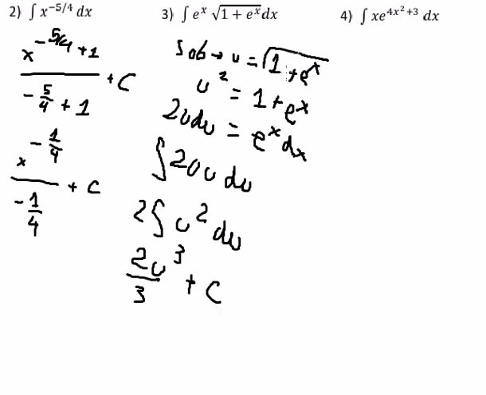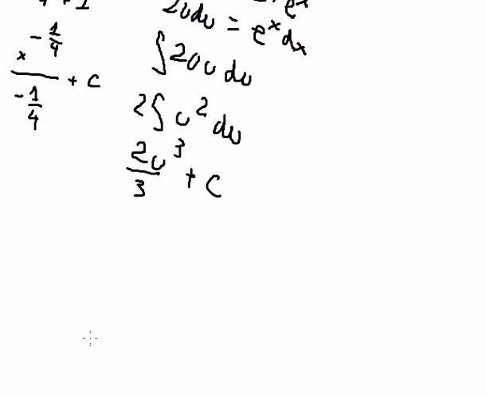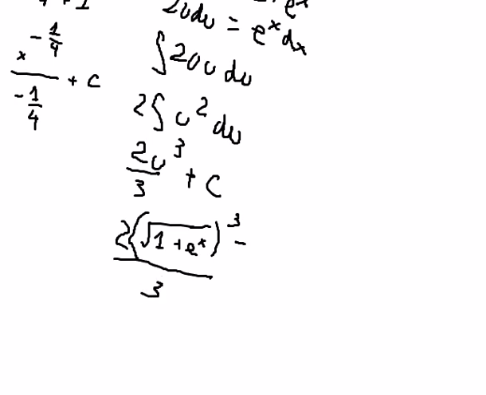About u, we change back for the square root of 1 plus e to the power of x, to the power of 3. And we have the constant in here.